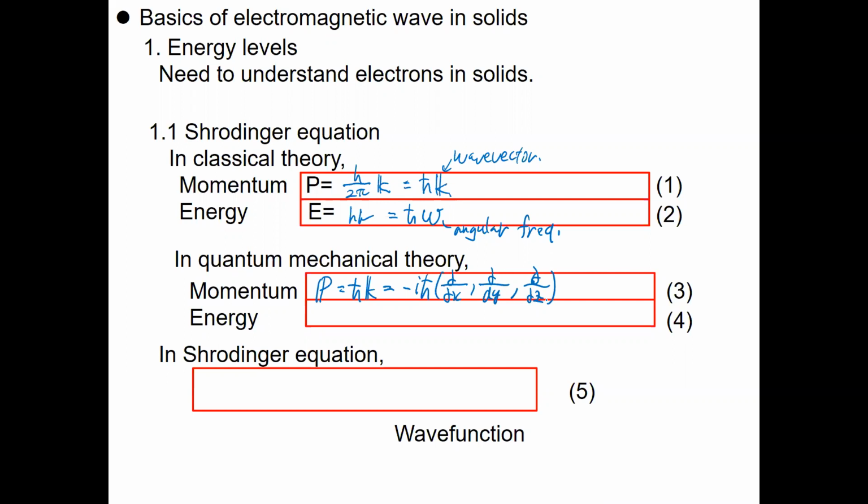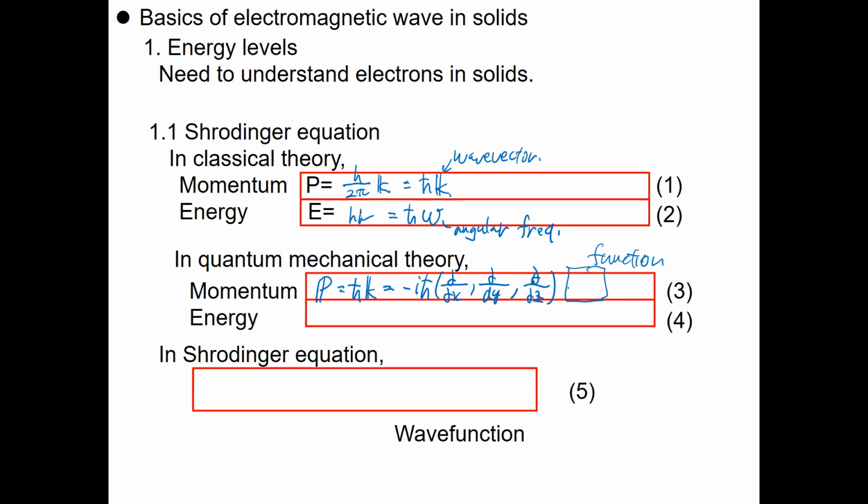So if you have some functional form and this mathematical procedure is operated, as you can see, this is a vector, and you can obtain the vector of momentum.